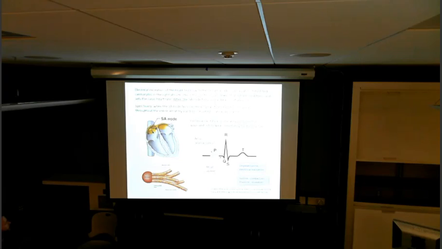But the reason they're able to do that is because these cells are connected by these protein pores that we call gap junctions. And these little gap junctions allow electricity to flow from one cell to the next. Anybody know what ion is going to be traveling through these cardiac muscle cells that represents electricity in the body? Sodium.